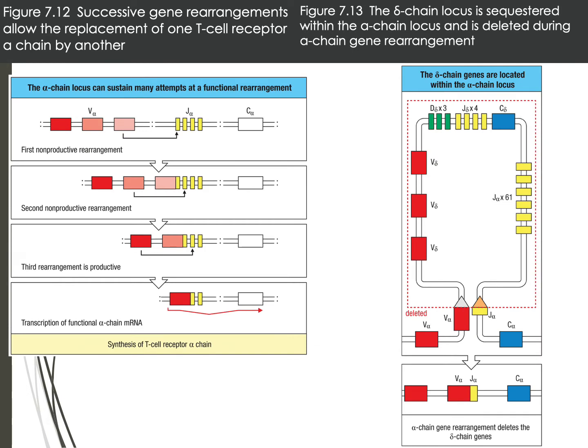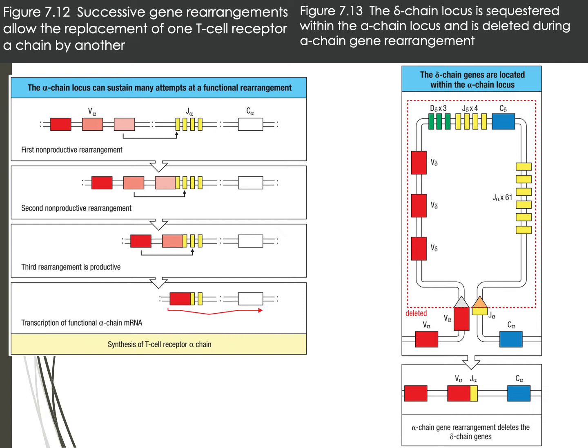At the same time, if the alpha chain is non-functional, non-productive, they can go through additional attempts to try to rescue that by, again, picking out different gene segments for expression. This figure I agree with more in how it's depicted. Okay, so just keep that in mind.